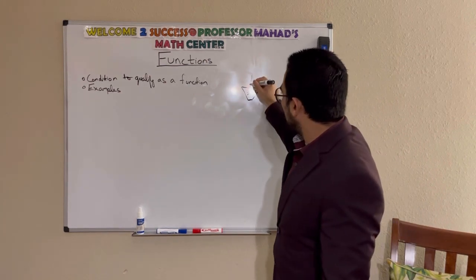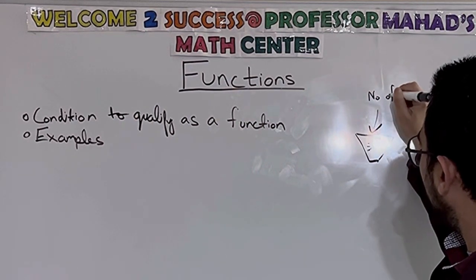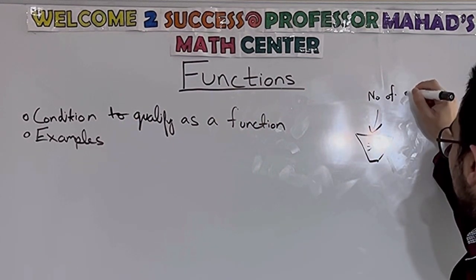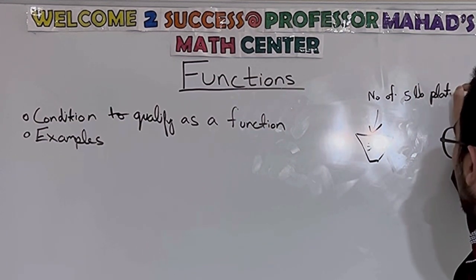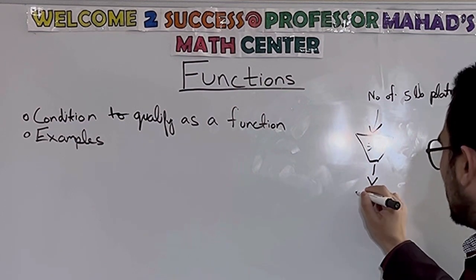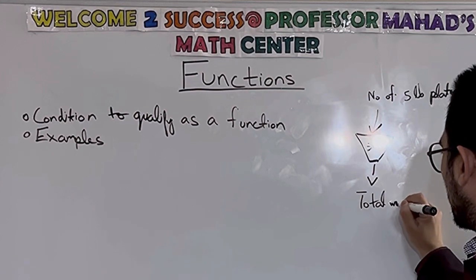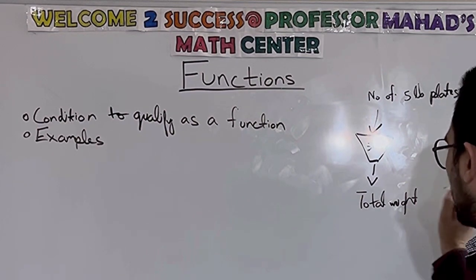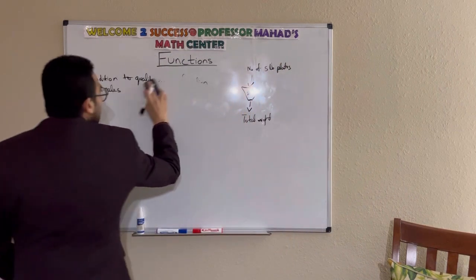Right? So our input, the number of 5 pound plates, and then our output was the total weight. Let me erase this to give us some space.